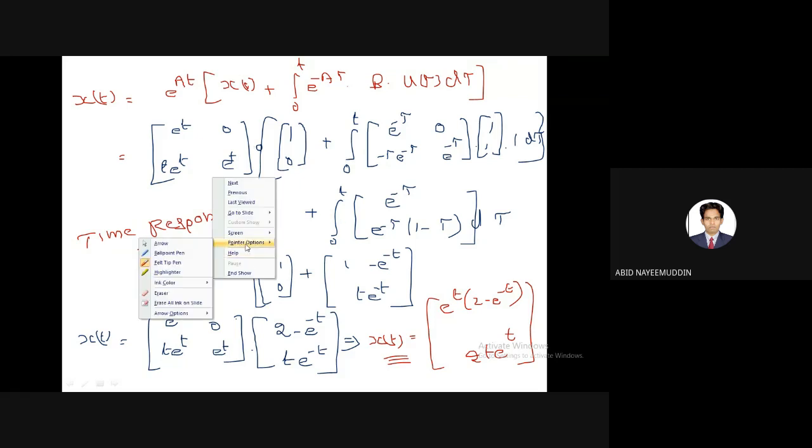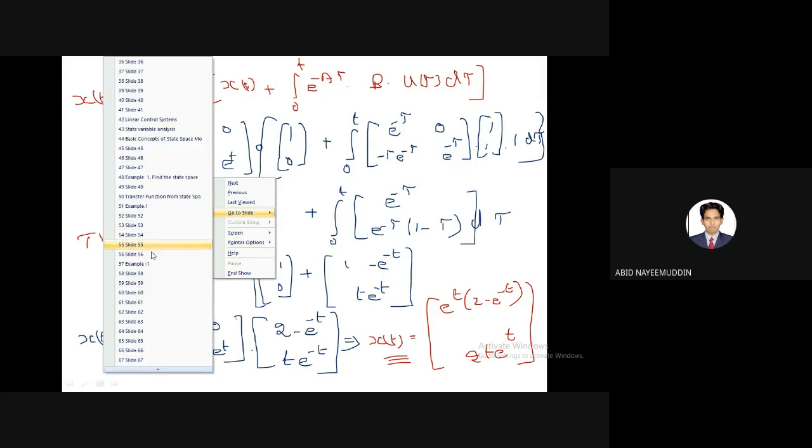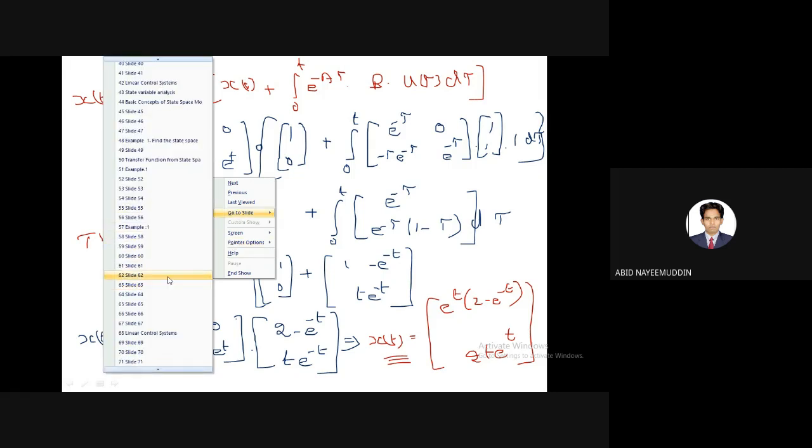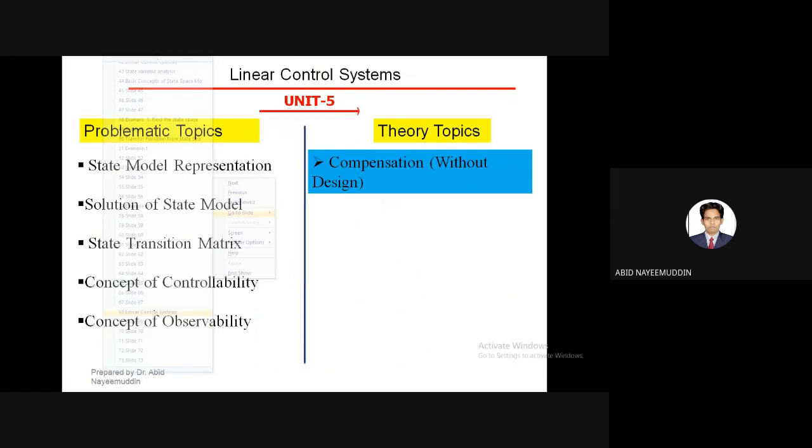So here is the end of this concept and today's class. Overall conclusion: we discussed in a single concept the solution of state matrix.